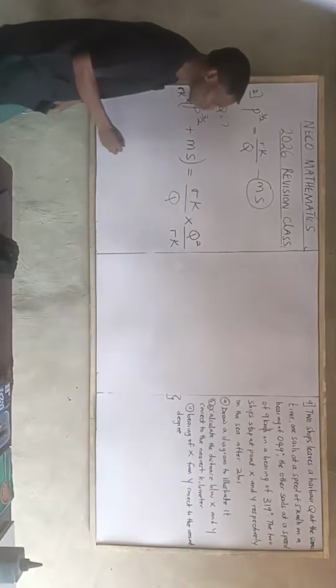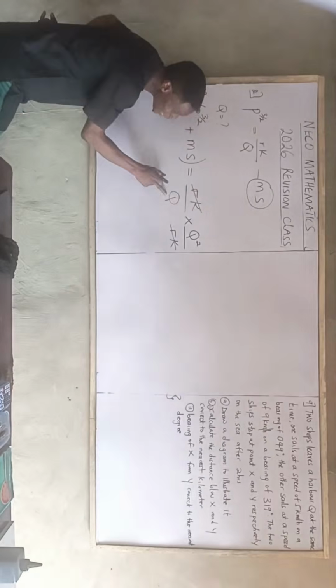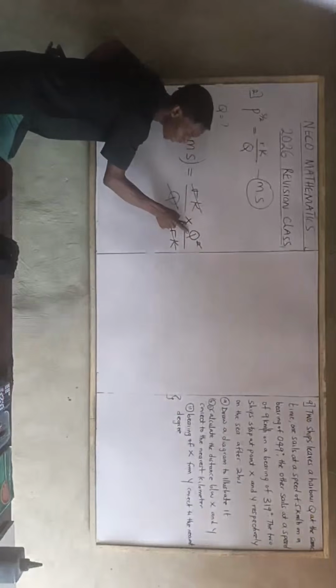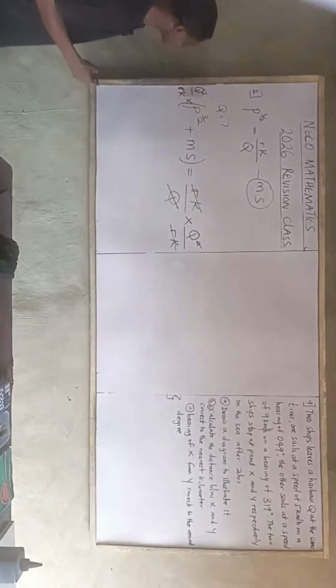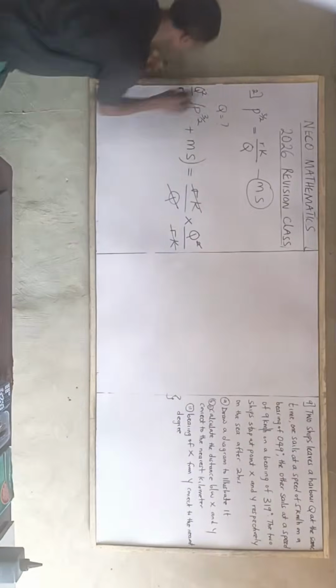Now, what do we mean? It will give us such that RK cancels out RK, then Q, cancel one of them. We've got Q alone here now. So let me bring it back.